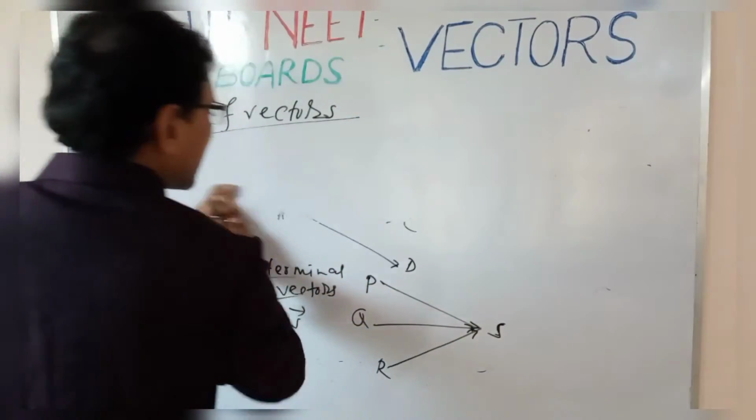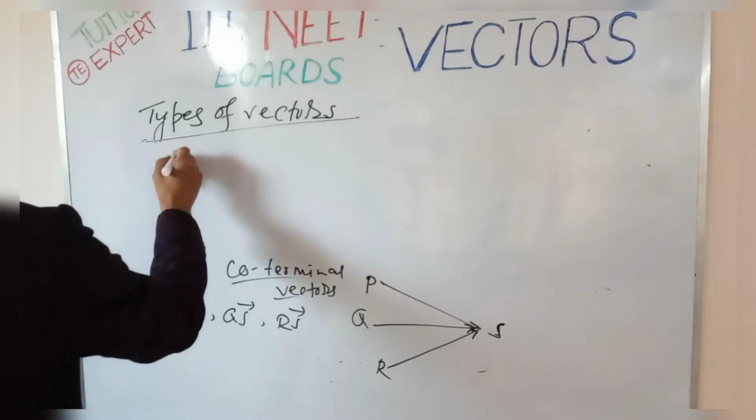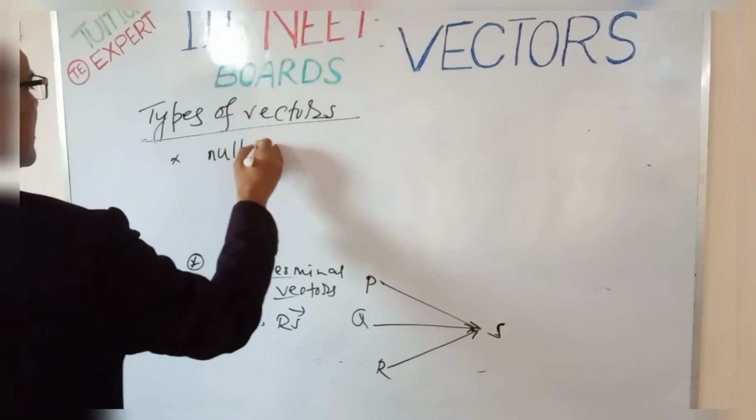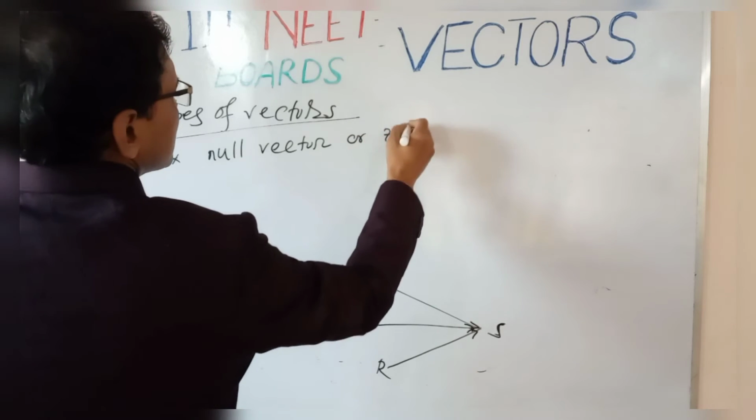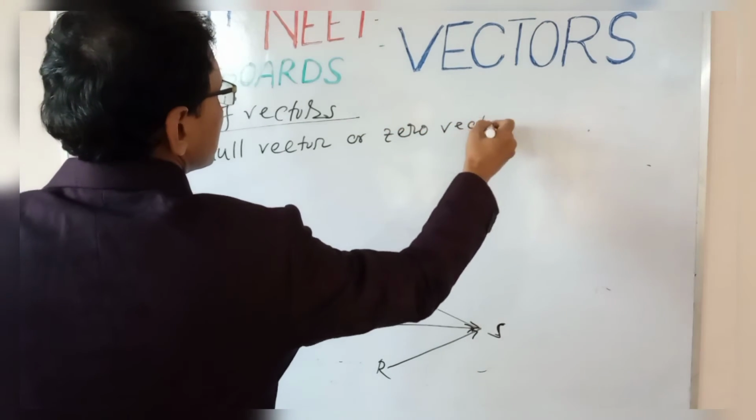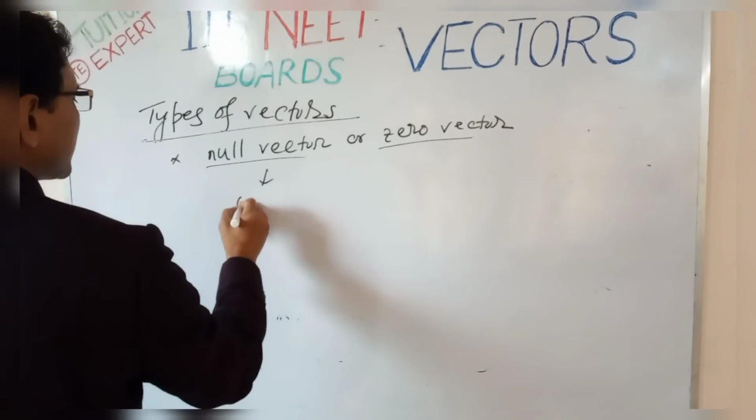Now, null vector or zero vector. This is important. Null vector or zero vector is a vector whose magnitude is 0.